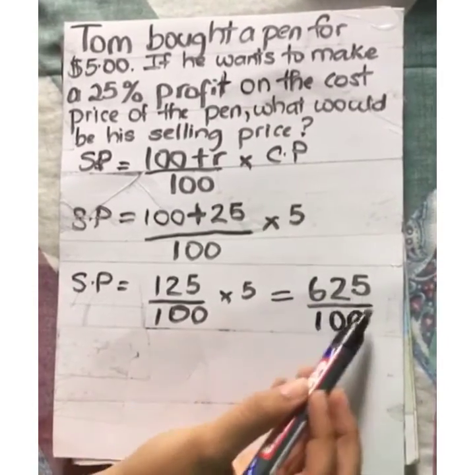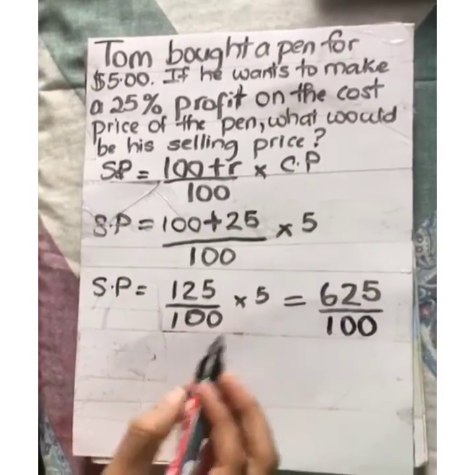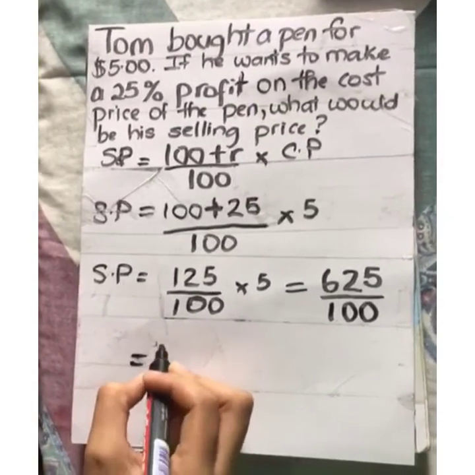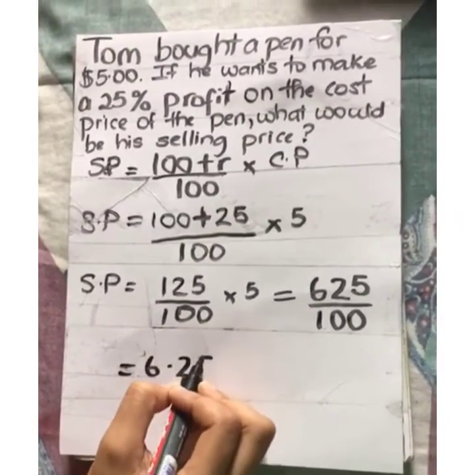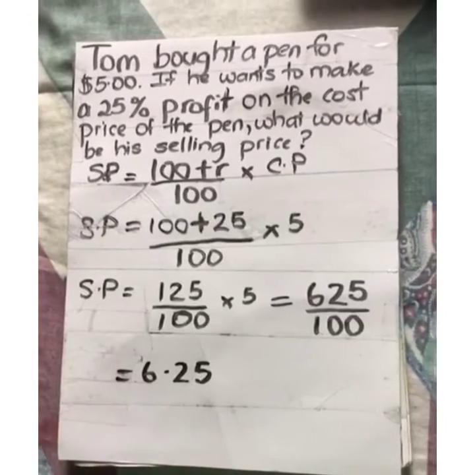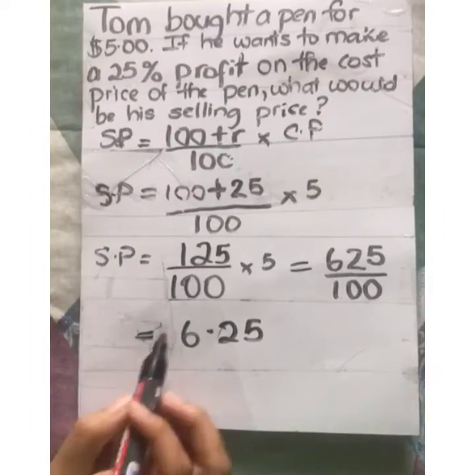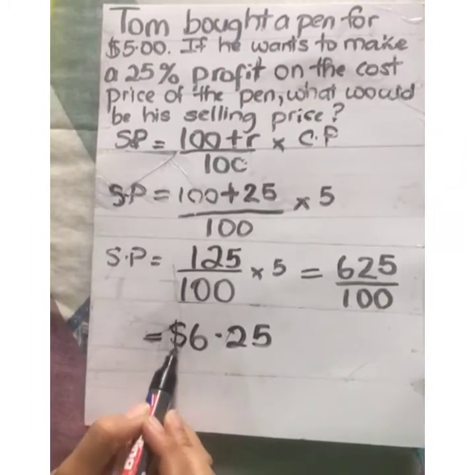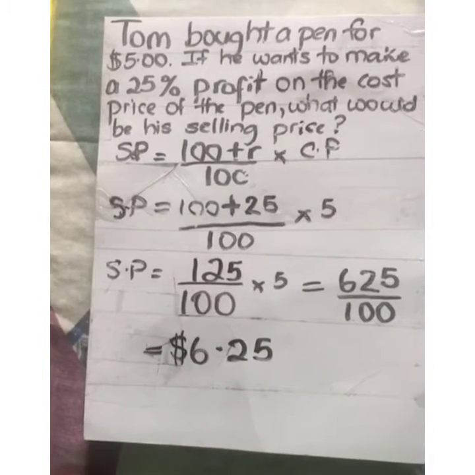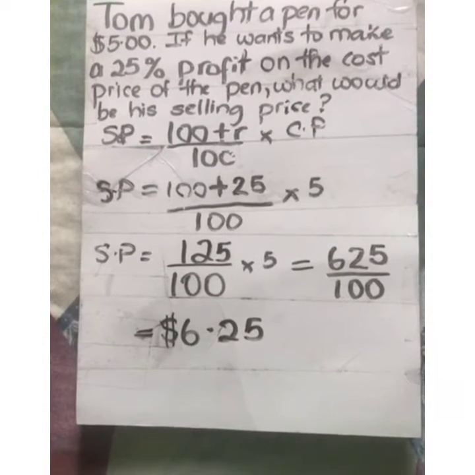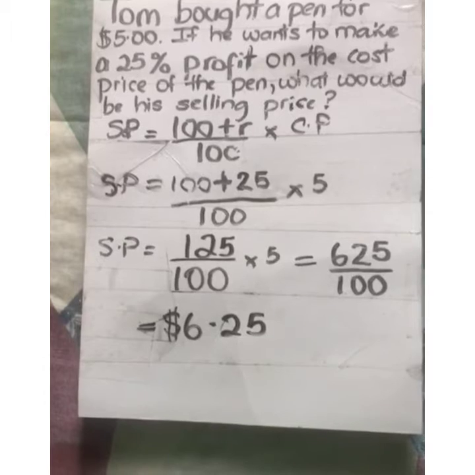Now you are to divide. 625 divided by 100 would give us 6.25. So don't forget to put your $ sign. So the selling price would be $6.25.